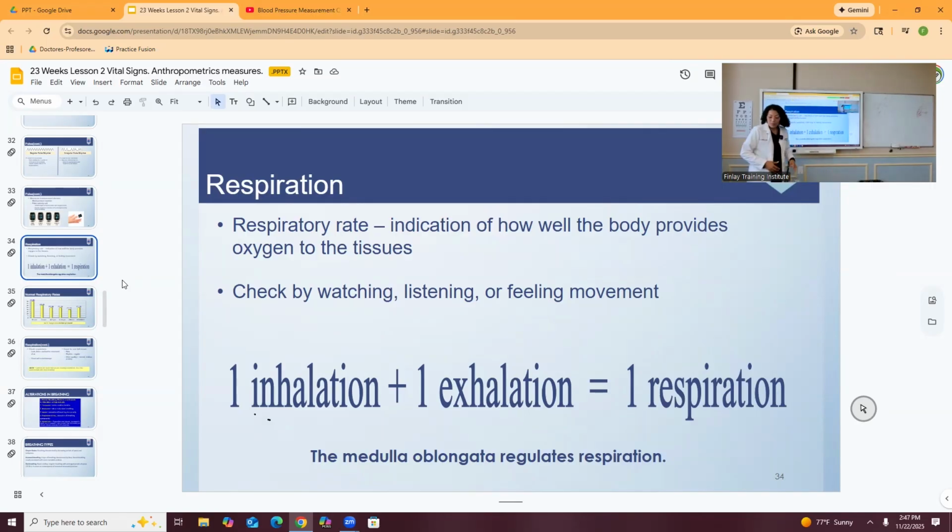We are going to use the same technique. We are going to count a minute, and we're going to count how many times the patient is breathing, or we can use 30 seconds and multiply it by 2, or use 15 seconds and multiply it by 4, okay?